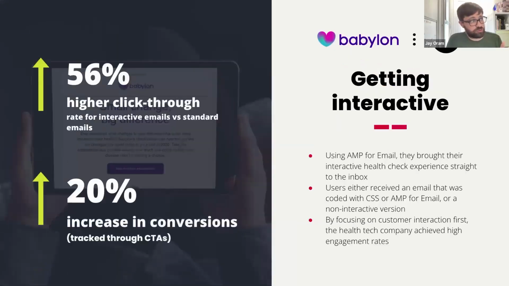But the real thing that came through was you got a 56% higher click-through rate on the interactive versus the standard. So just by having interactive elements, you got over 50% higher click-through, and then an increase in conversions. So when used correctly, you can definitely do great stuff with interactive, and it will help with your KPIs.